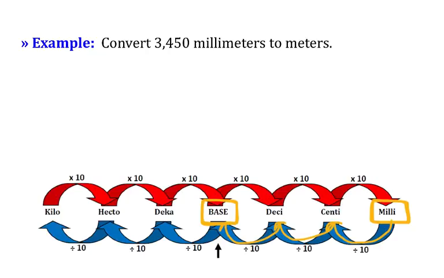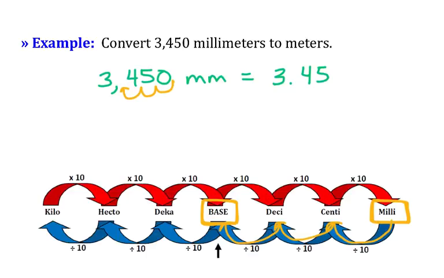So when I take the number 3,450, the decimal point is at the end of the number, and as we convert, we need to move it back 1, 2, 3 places so that we have 3.450 or 3.45 meters. So our final answer is that 3,450 millimeters is equivalent to 3.45 meters.